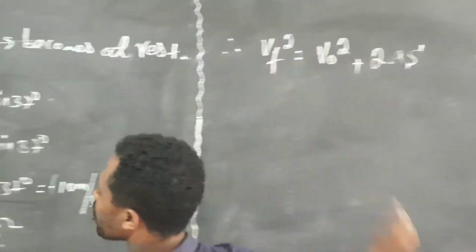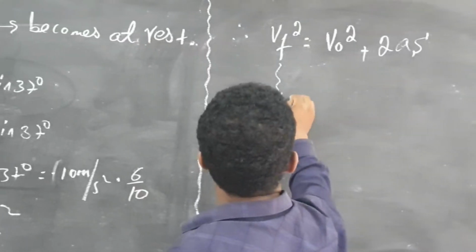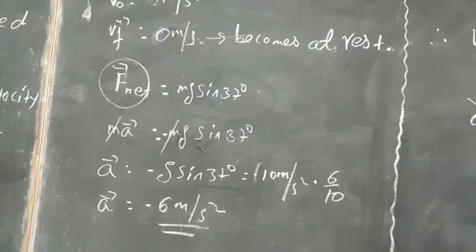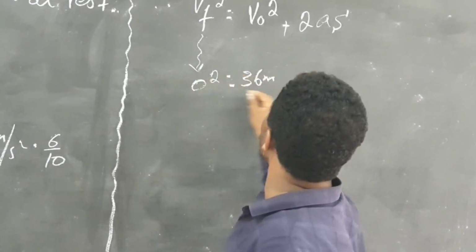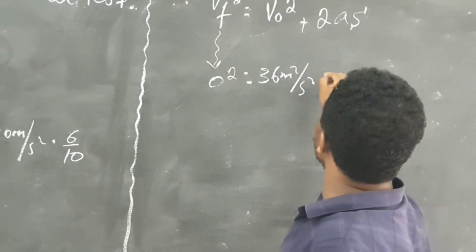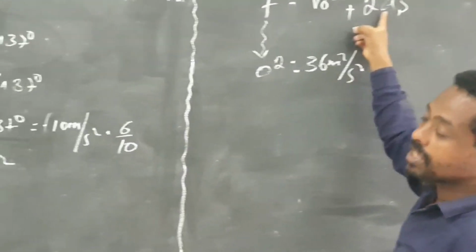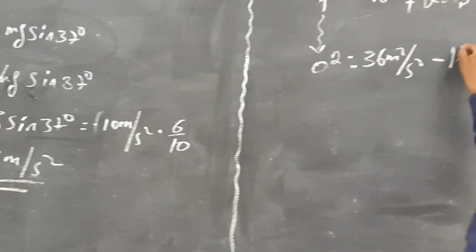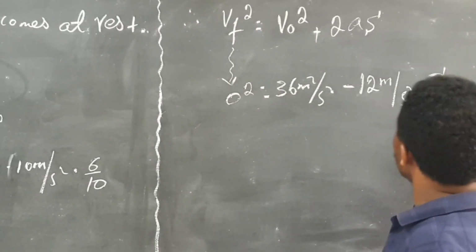At the end of this journey, V final becomes 0. The initial velocity is given, that is 6 meters per second. Squared, it becomes 36 square meters per square second. And then minus, because a is negative 6 meters per square second, and then twice, it becomes 12 meters per square second times S.